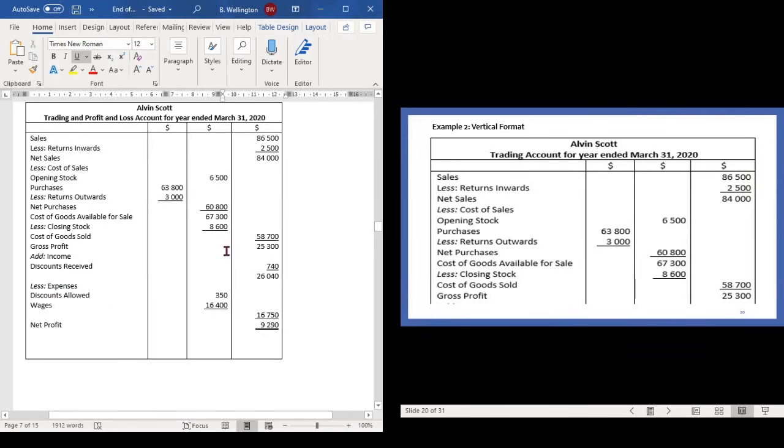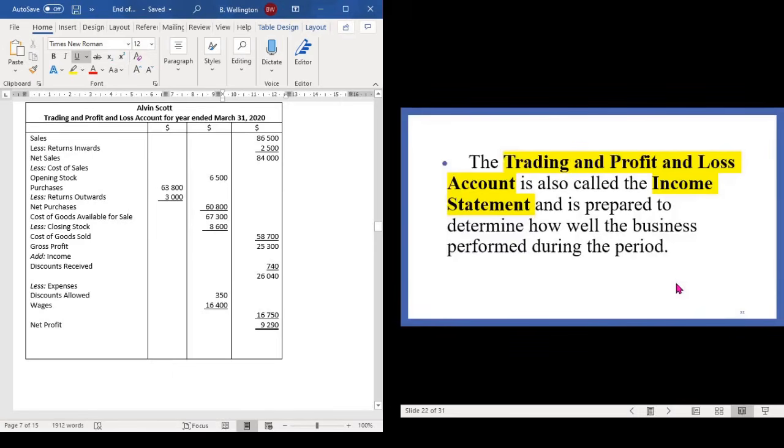It would start with your gross profit. You're going to add any income that was received during the period. In this case, there was discount received. And then you're going to subtract the expenses to arrive at your net profit. So that is the vertical style of presentation.